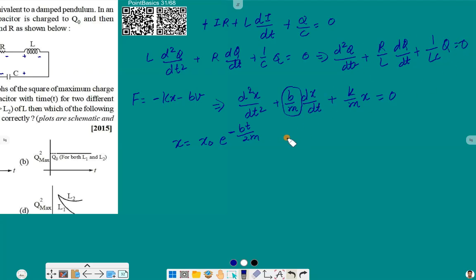From this I can write the same solution as for x in the damped harmonic oscillator, for the charge: q is equal to q node e raised to power, double of this in the negative, so here it will be minus Rt by 2L.